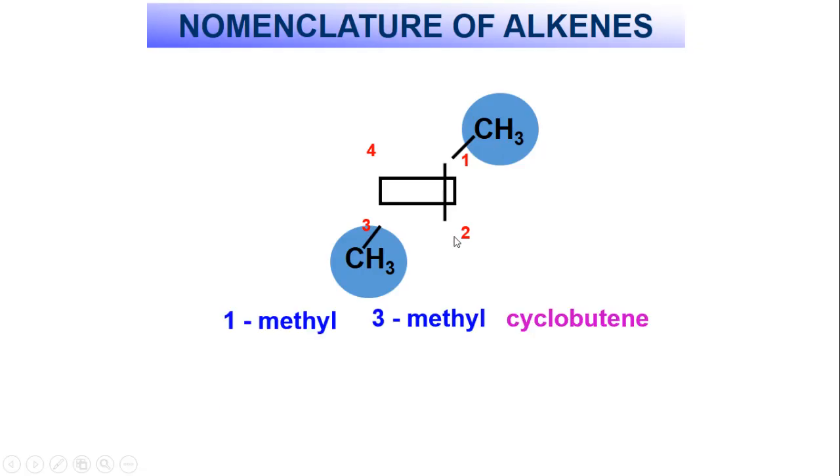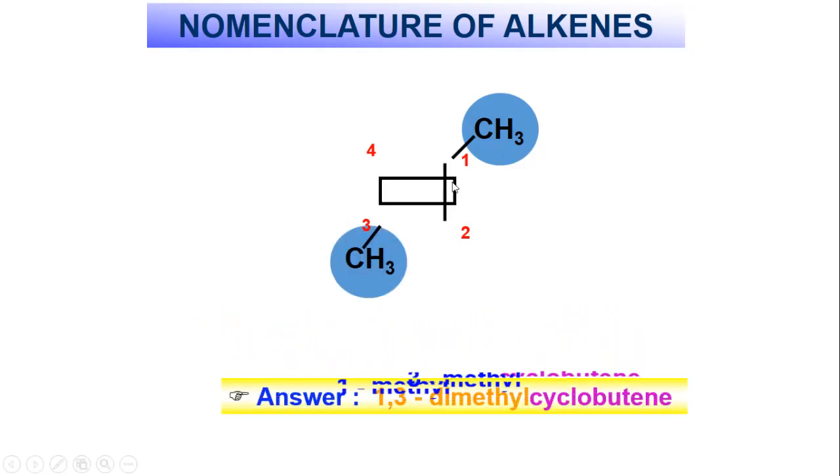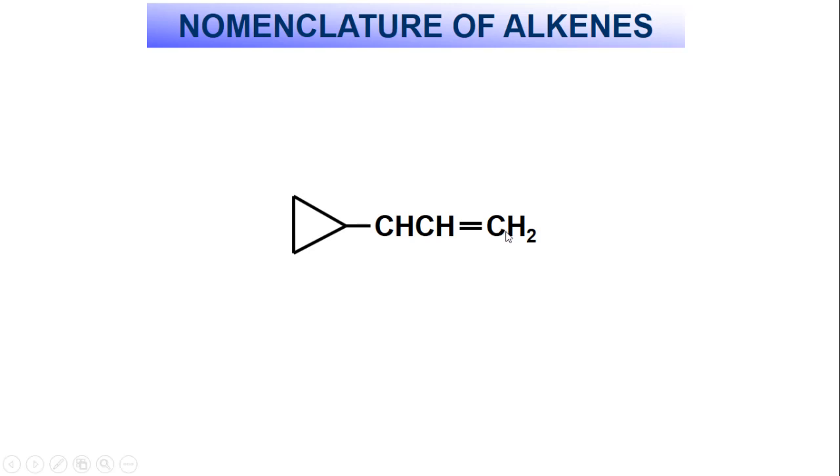If you look at the previous examples, the double bond was in the what? In the ring, but this time around the double bond is outside the ring. That means that the main or the parent carbon chain is the one which is outside, and this ring becomes the what? Becomes the branch. So in this case, we'll start with this one as 1, that one as 2, and that one as 3.